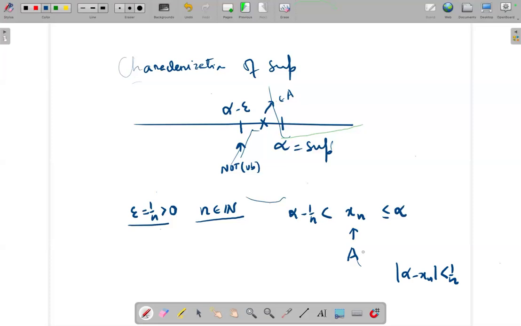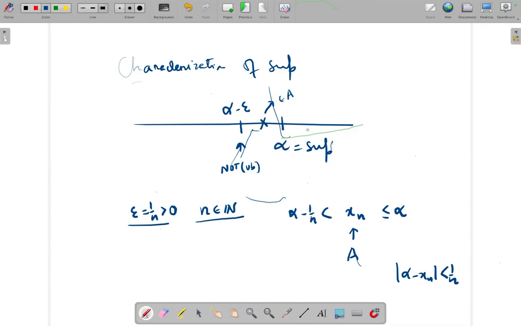So now I need to think about whether there is an if and only if condition. I will not dwell on it right now, but for a bounded above set A which has a supremum, I immediately have a sequence converging to it. So a convergent sequence gives rise to some supremum.